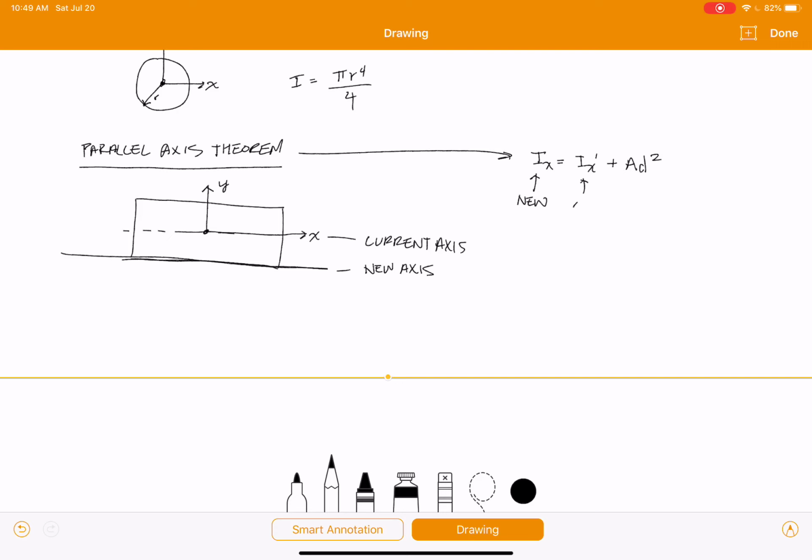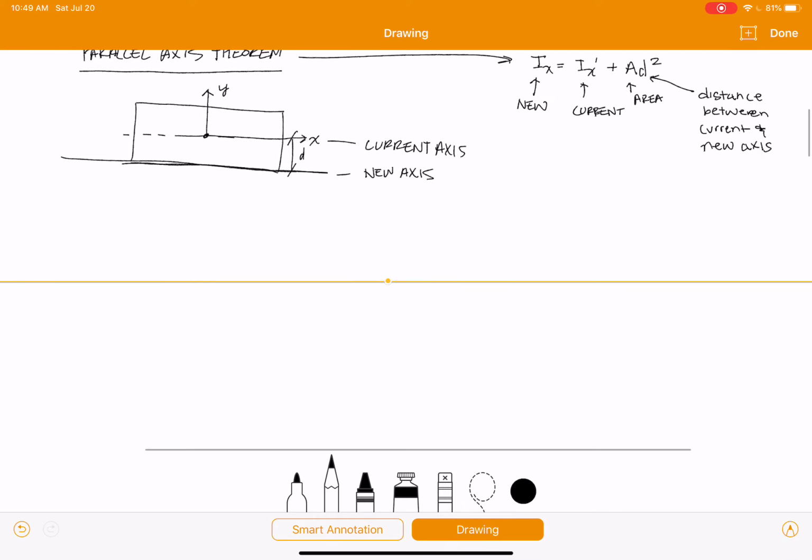This is the moment of inertia about the current axis. This is the area of your section or your shape. And then this here, that d, is going to be your distance between the current and new axis. So visually, it's going to be this distance here.